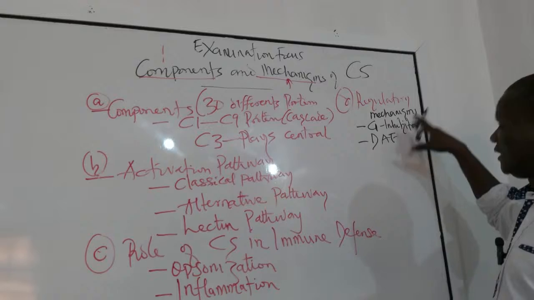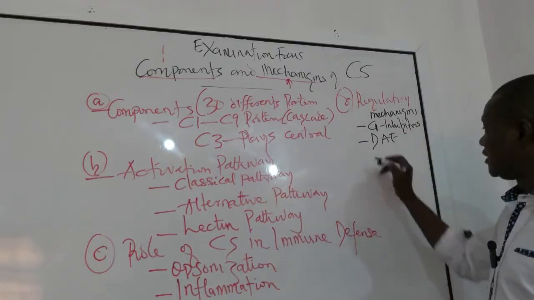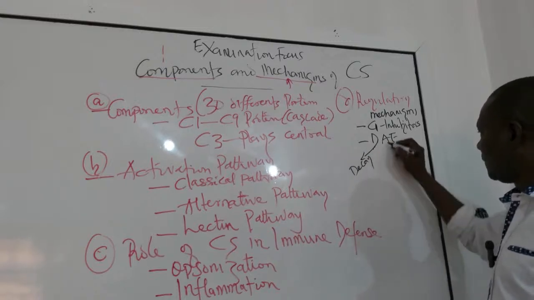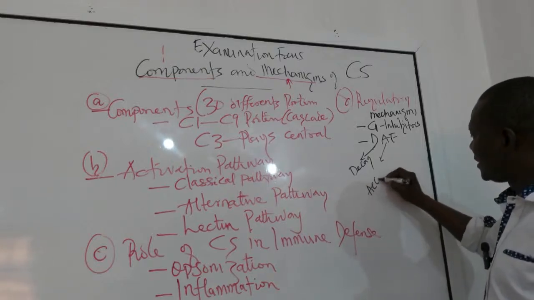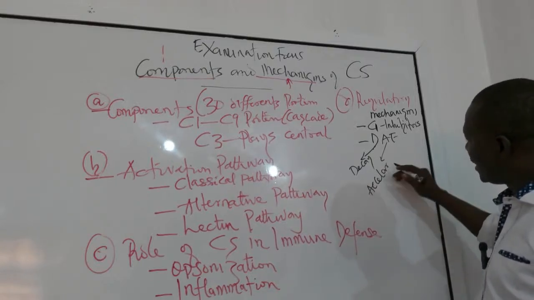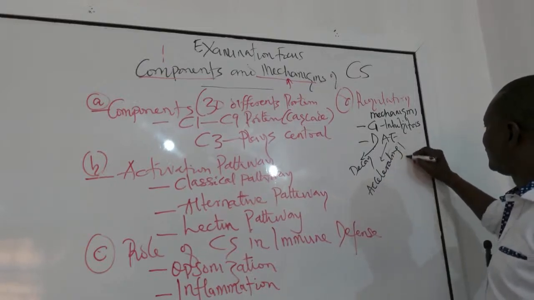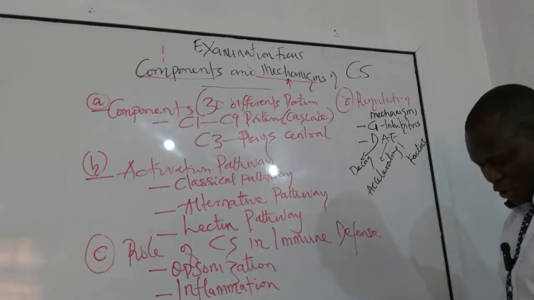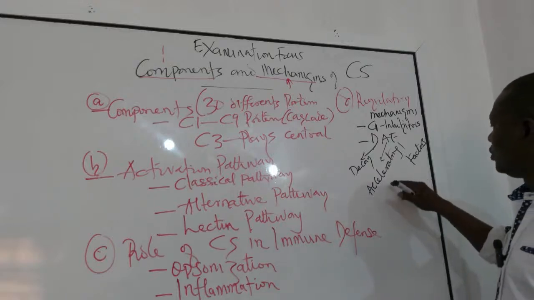The first one is through C1 inhibitors. The second one is DAF, which is a short form of decay accelerating factor. So what do we mean by that?